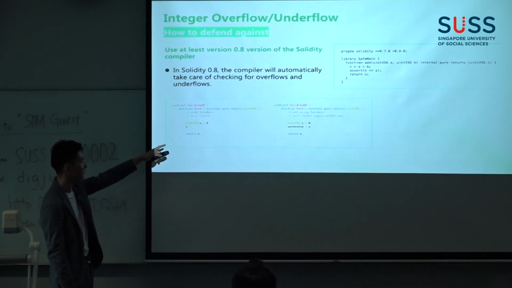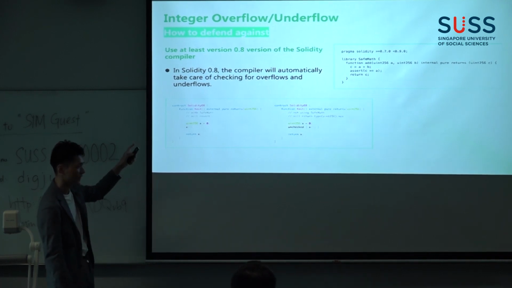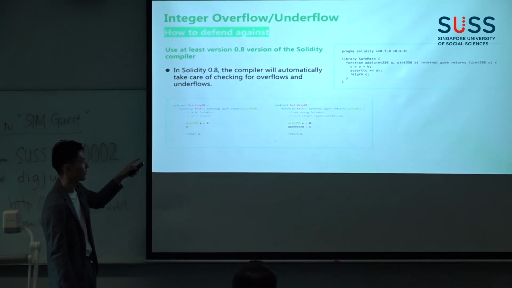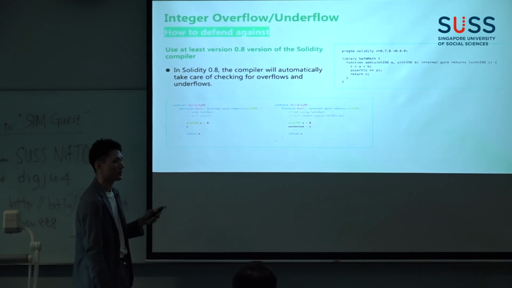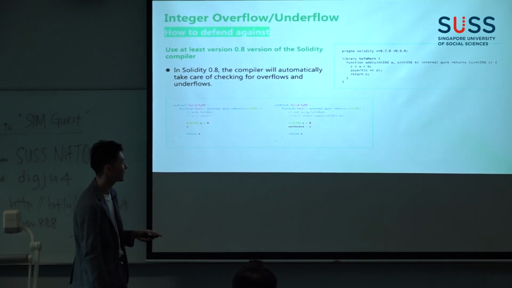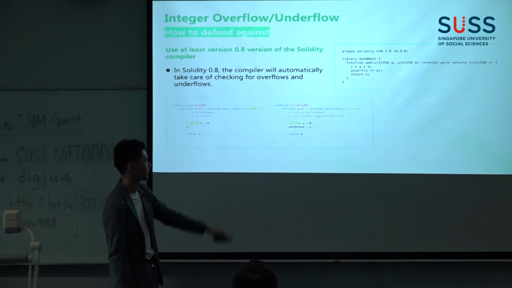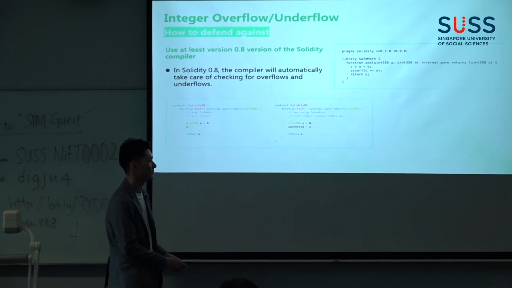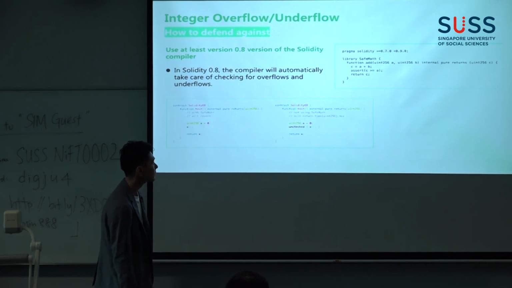If you subtract 1, this contract will actually not compile because the compiler will detect that there's an underflow happening and will stop the compilation. If we want overflow or underflow to happen intentionally, we can include the code in unchecked curly braces. If we put the overflow part in there, the compiler will ignore it and think that it's okay.